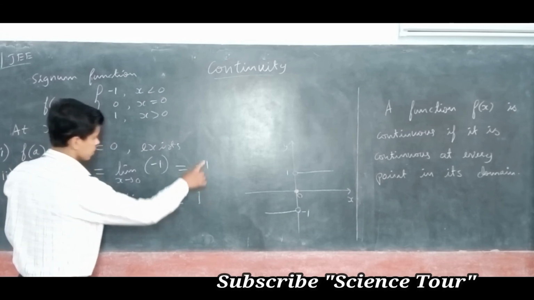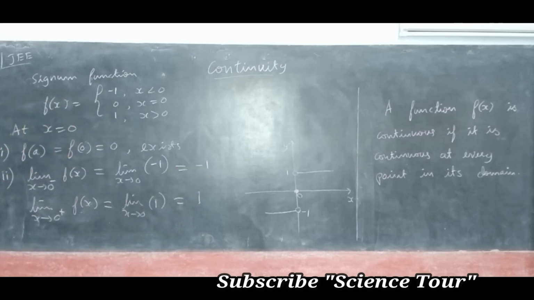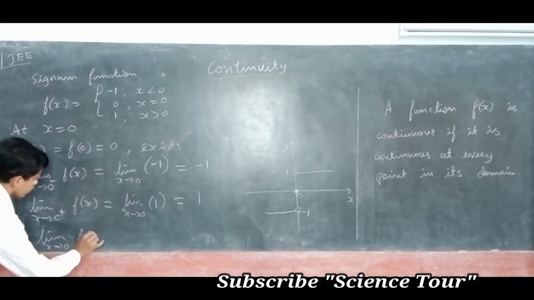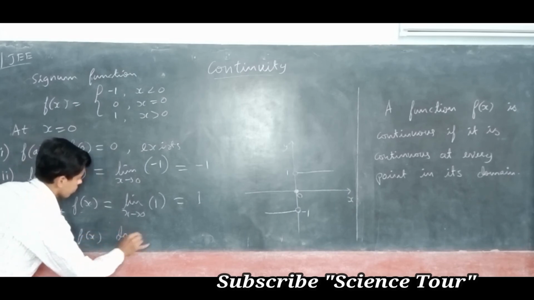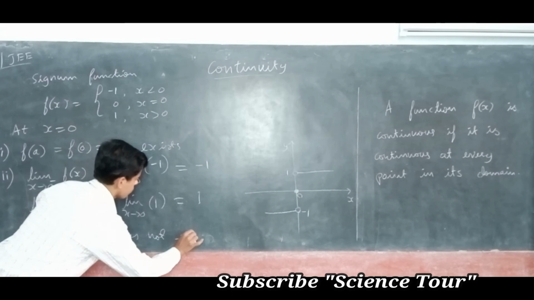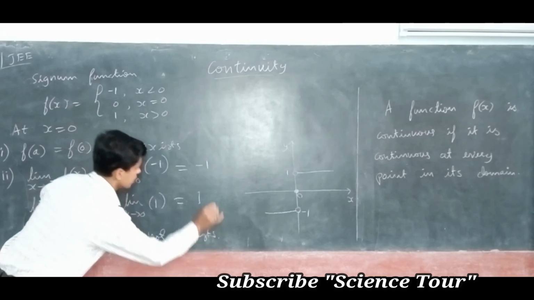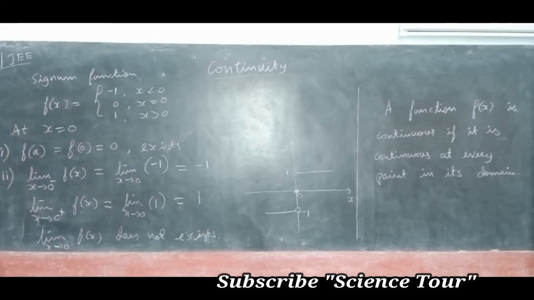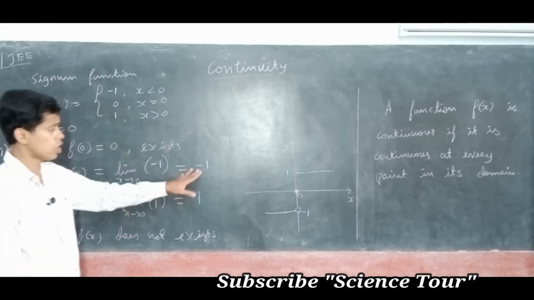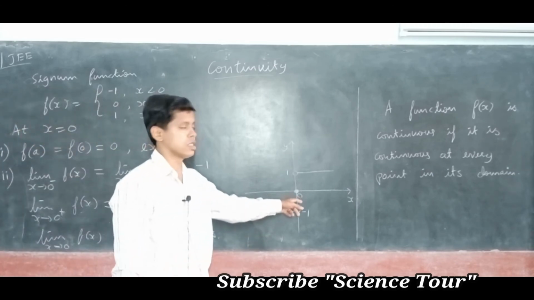It is 1. So the left hand and right hand limits do not match. If they don't match, then the limit does not exist. So if the limit does not exist, then it is a discontinuity of the first type. So the function is not continuous at 0.